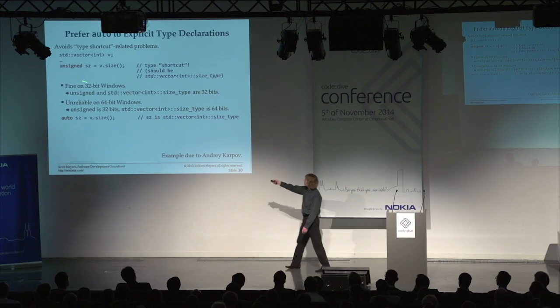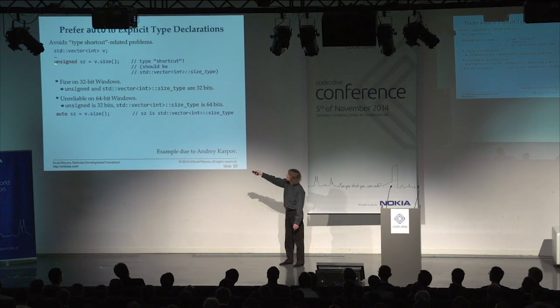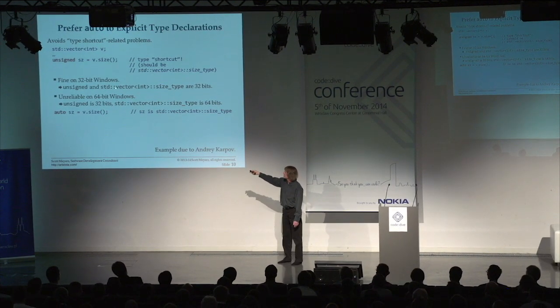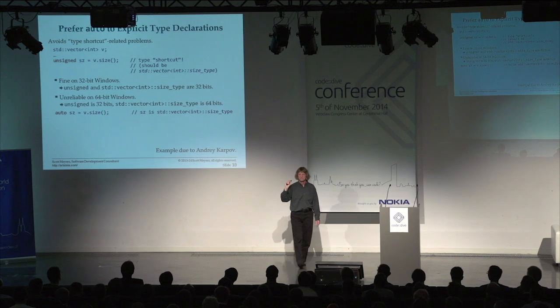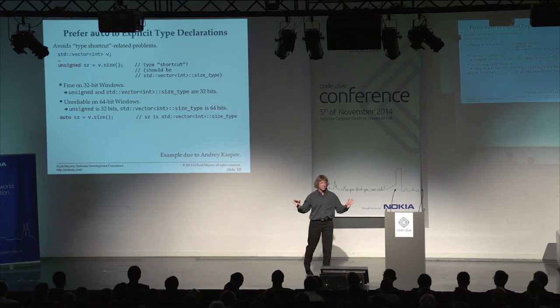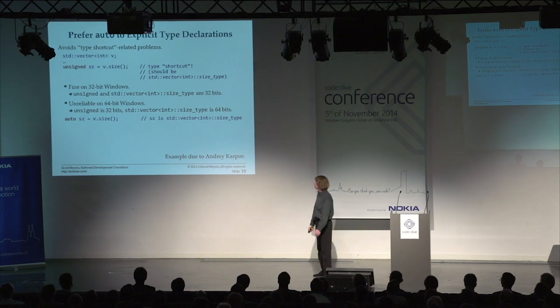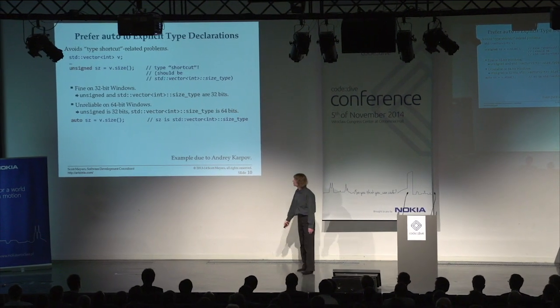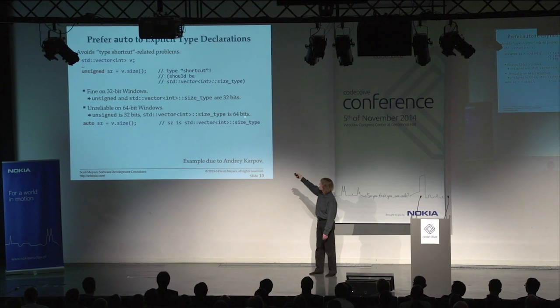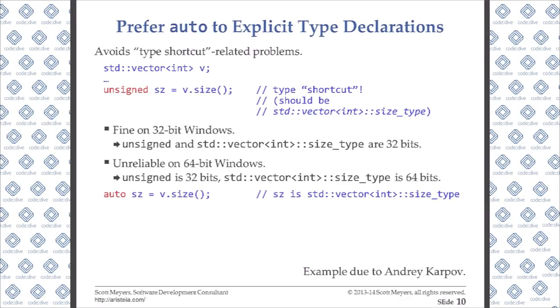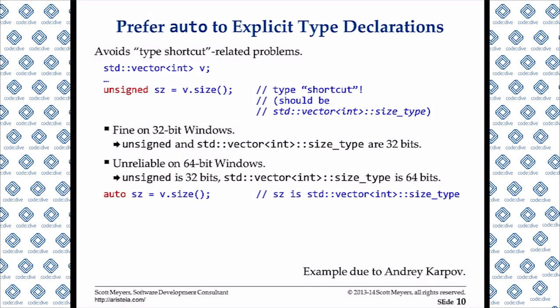For example, on 32-bit Windows, this code will work perfectly fine because unsigned and vector of int colon colon size_type are both 32 bits in size. So they are, in fact, the same type. But if you port to a 64-bit platform, for example, 64-bit Windows, unsigned is 32 bits, and vector of int colon colon size_type is 64 bits. Which means that you are actually trying to store a 64-bit value into a 32-bit variable.